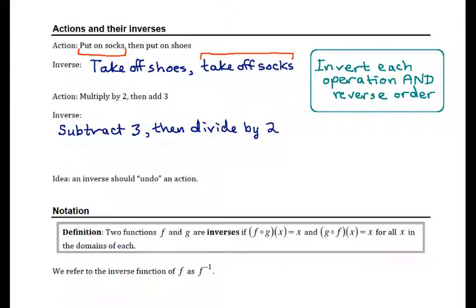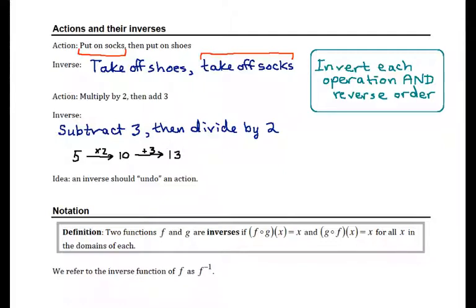To illustrate that this works, we could start by just choosing any number. Since this is a video, I can't really ask for a number from the crowd, so I'll just make one up. Let's say that I started with 5, and I'm applying my action. My action says to multiply by 2, and then add 3, which gets me to 13.